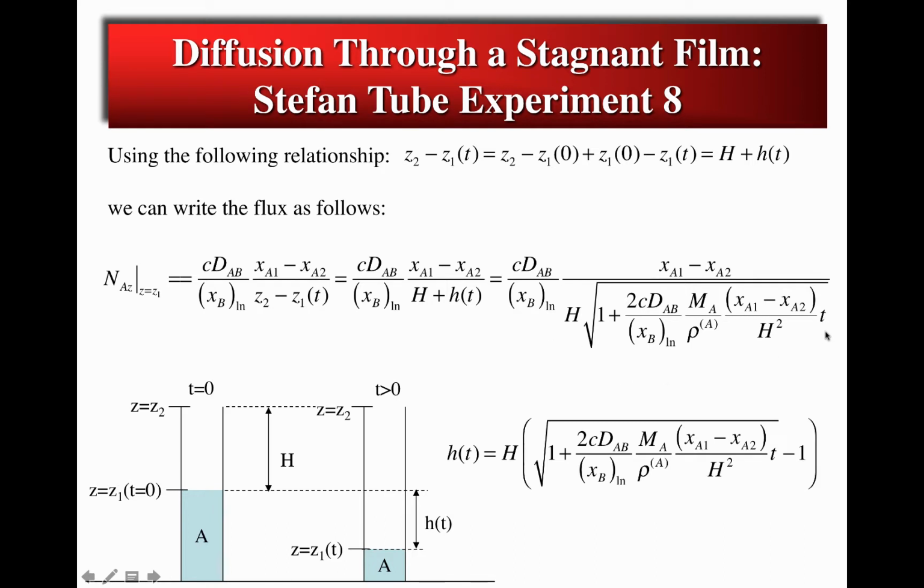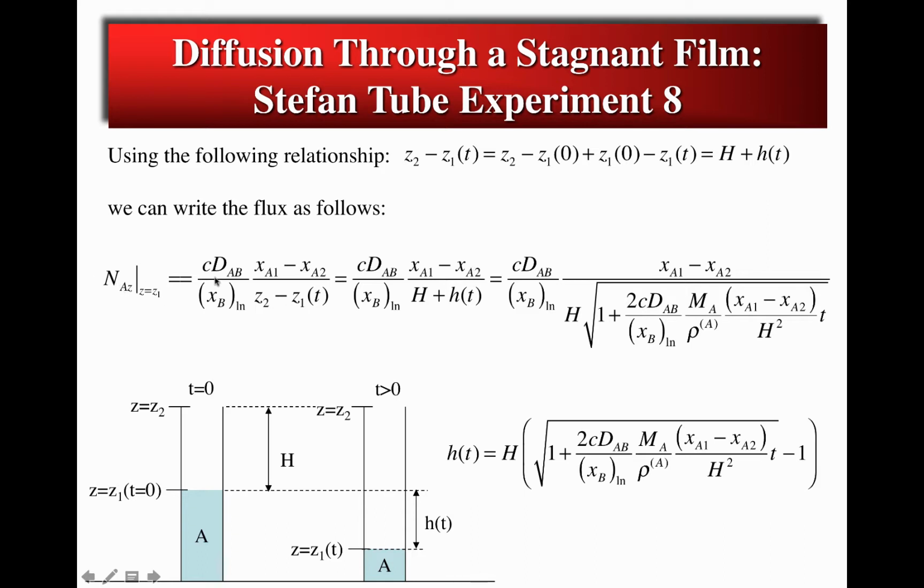And the reason it changes with time is as time goes on, the length of the gas phase, if you will, increases. And as that length of the gas phase increases, the distance over which A has to diffuse under the same driving force increases, and that drives the flux down.